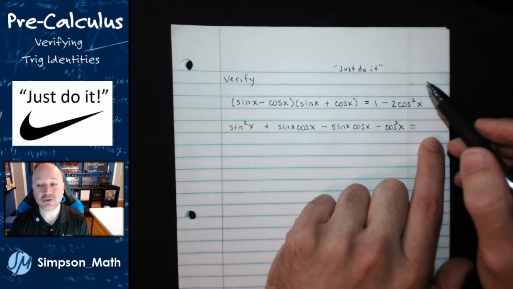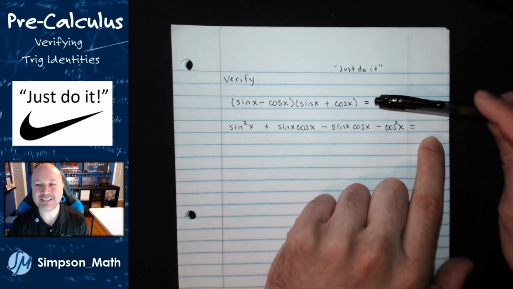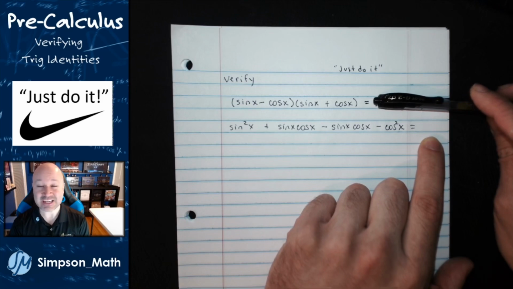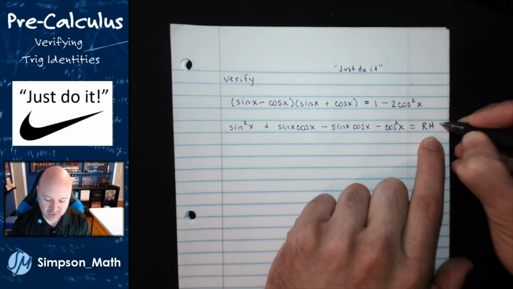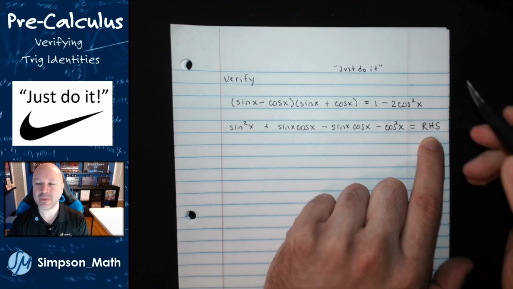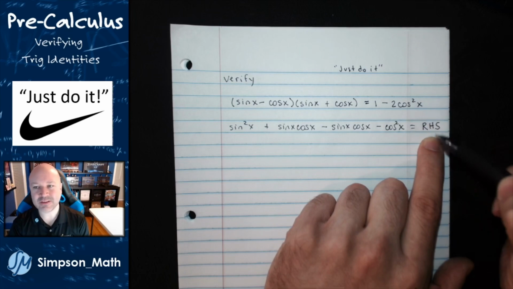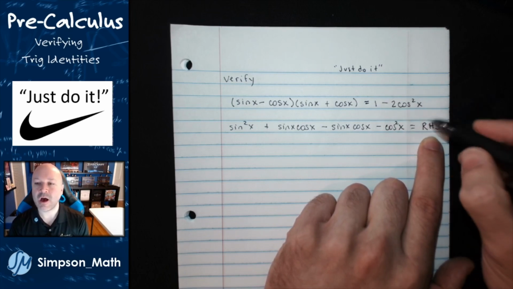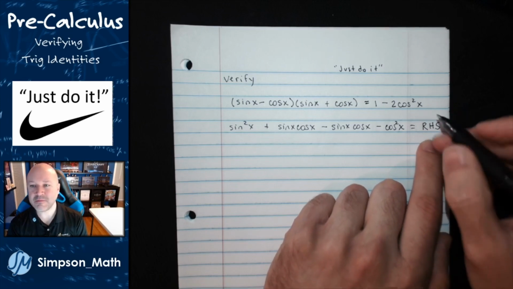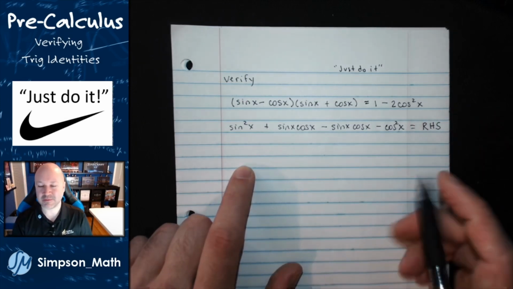I'm not supposed to touch the right-hand side of the equation. So one thing I do is I just replace it with RHS for right-hand side. That's just so I don't have to recopy the right-hand side every single time, especially if this gets longer and longer. That just saves me some time and ink, and I'm not supposed to be touching it anyways.